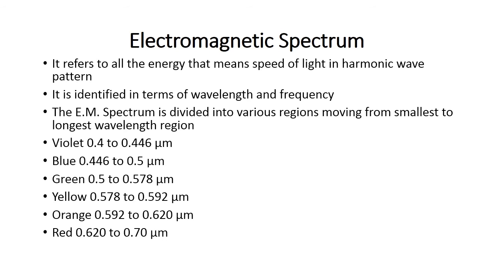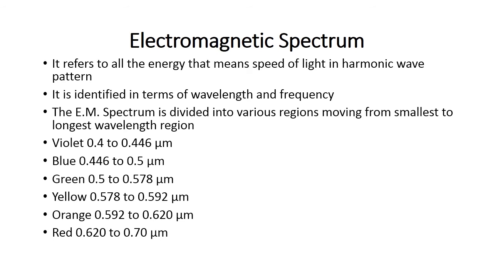Blue, green and red are the primary colors in the visible spectrum, of which 0.4 to 0.446 μm represents blue color, 0.5 to 0.6 represents the green color and 0.6 to 0.7 represents the red portion.